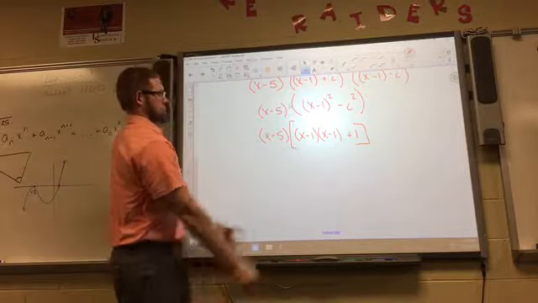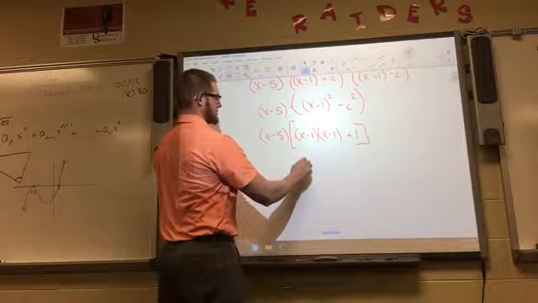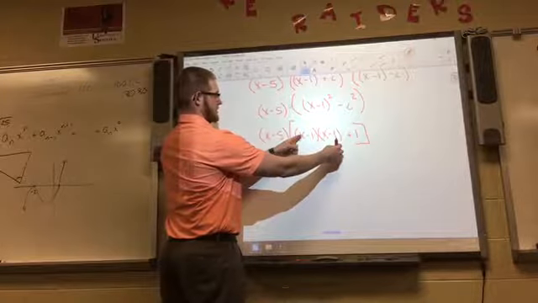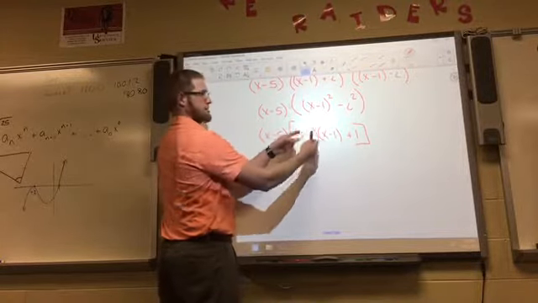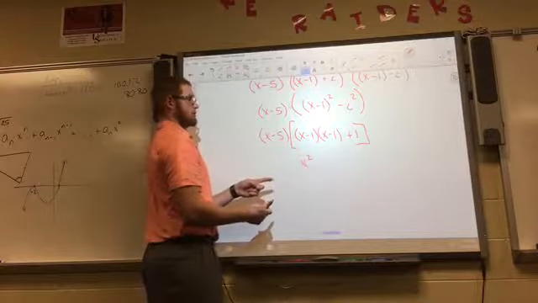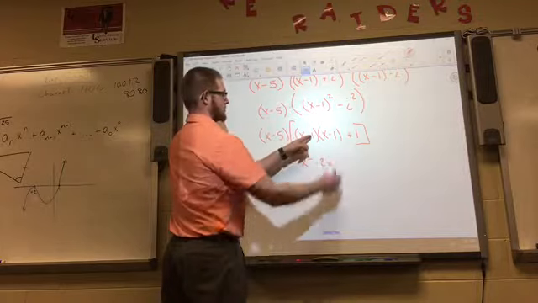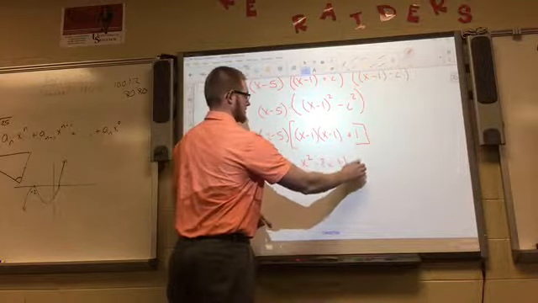So let's go ahead and FOIL this out. x times x is x squared, x times negative 1, negative 1x. On the inside, negative 1 times x is another negative 1x for a total of negative 2x. Negative 1 times negative 1 is positive 1, plus 1.